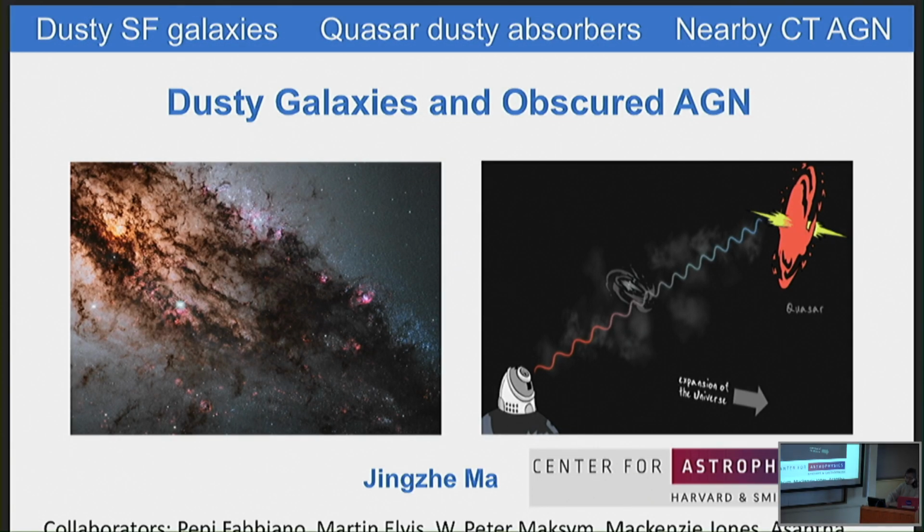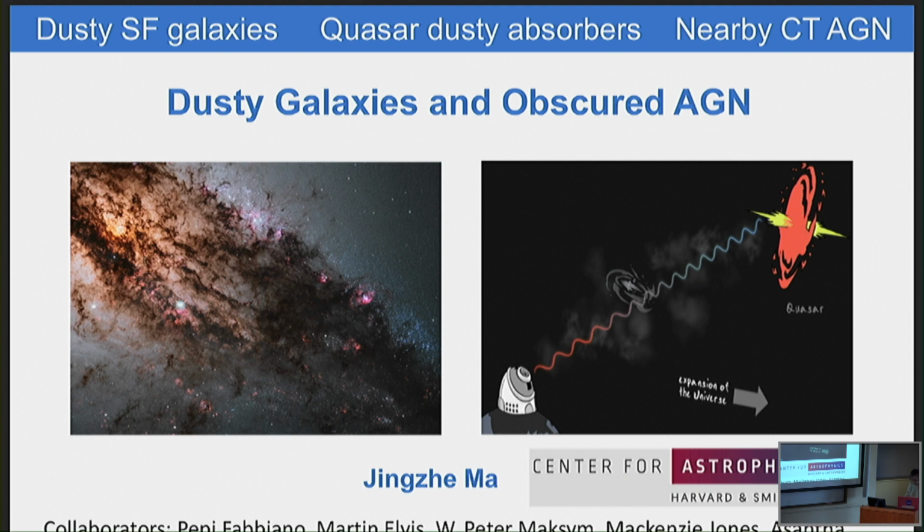All right. And our second speaker today is Jingzhe. She's a postdoc who recently started here in the high energy division. Jing got her bachelor's degree from Northeastern University in China. She got her PhD in astronomy from the University of Florida, where she was working on the formation and evolution of high redshift dusty galaxies.